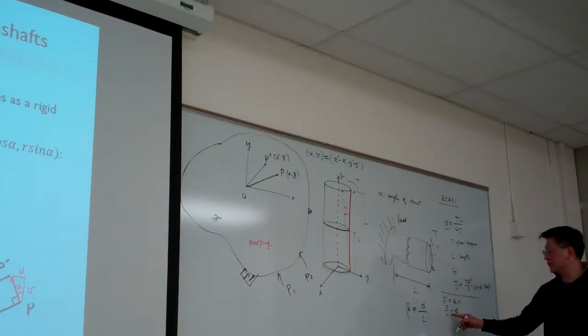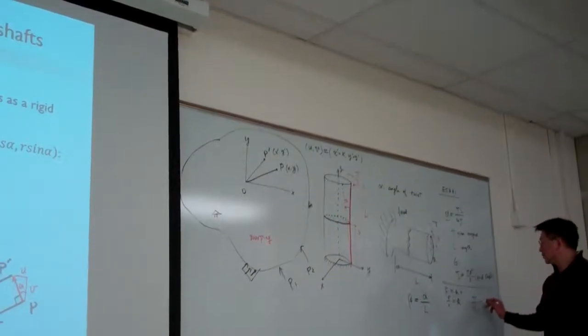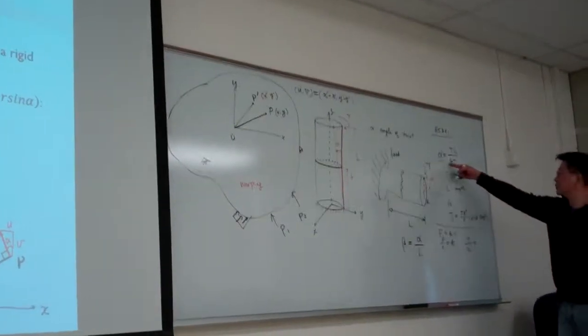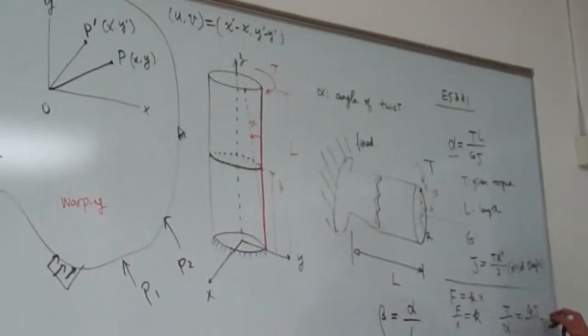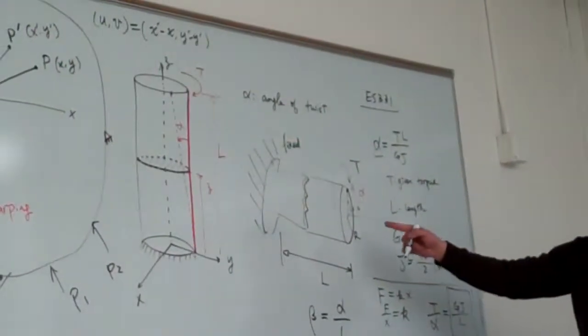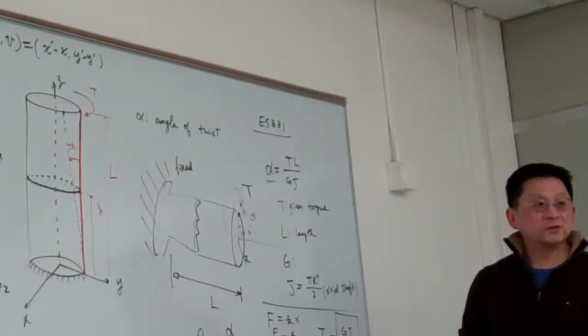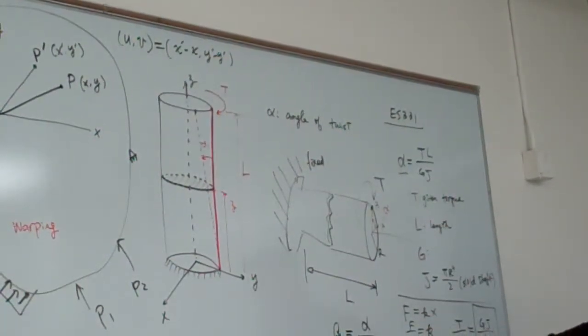Using this concept, with T as the loading and alpha as the deformation, we obtain K equal to GJ divided by L. This is the equivalent spring constant for a shaft. If you want to represent the shaft as a spring, this is the spring constant.